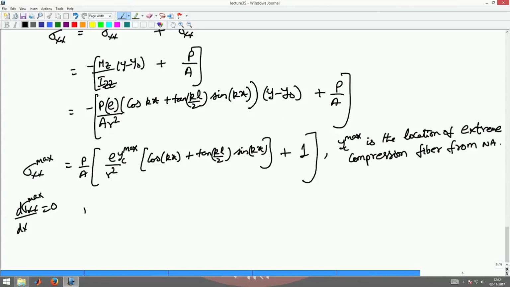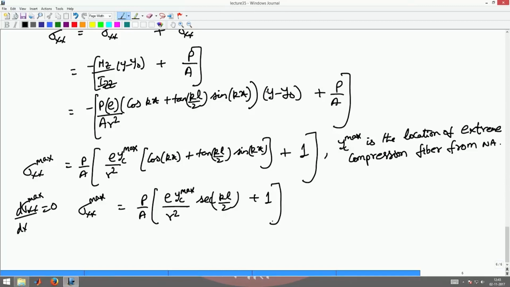Hence sigma xx max, both in x and y, would be P by A into E yc max by r square into the same expression as before, this will be secant kL by 2, plus 1.